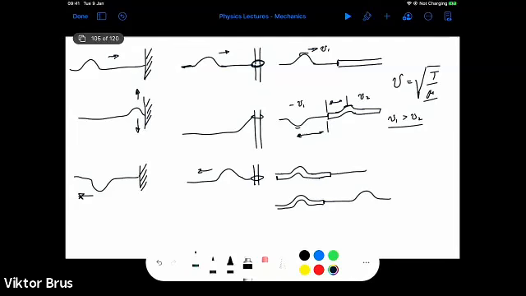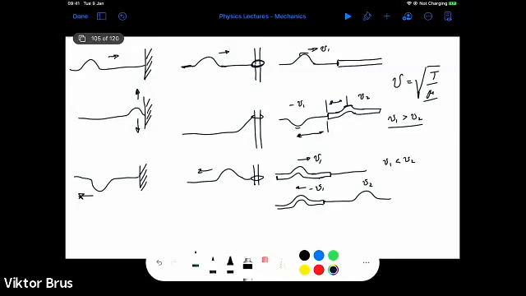Before, it was moving with some V1, here is minus V1, and here is V2. But in this case, V1 is smaller than V2. That's why we don't get any inversion of the reflected wave from the interface.